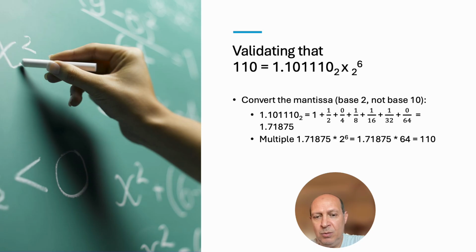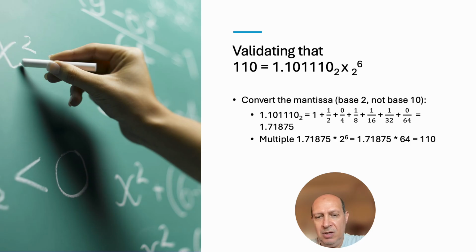So 1.101110 base 2 is equal to 1 plus 1 over 2, plus 0 divided by 4, plus 1 divided by 8, plus 1 divided by 16, plus 1 divided by 32, plus 0 divided by 64.